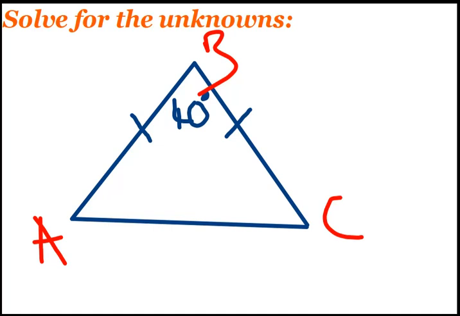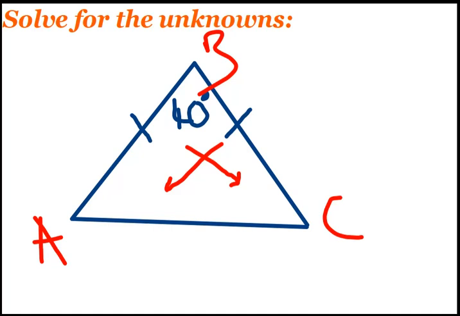An isosceles triangle is a triangle that has two equal sides. In this case, AB is equal to BC because they have the same number of lines on them, meaning they're equal to each other. And if you recall, in an isosceles triangle, the angles that are opposite the equal sides are equal to each other.